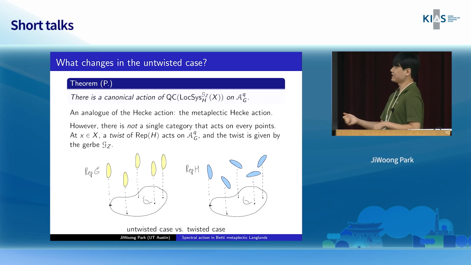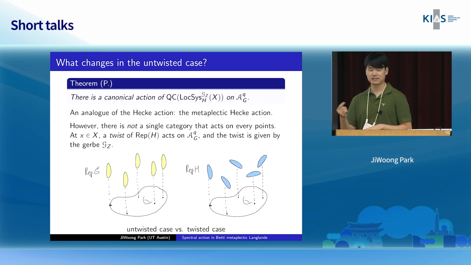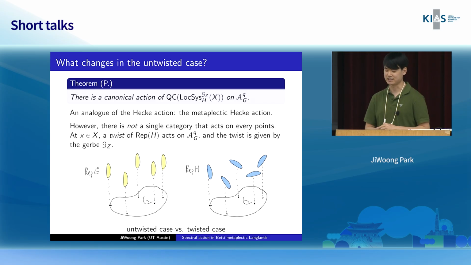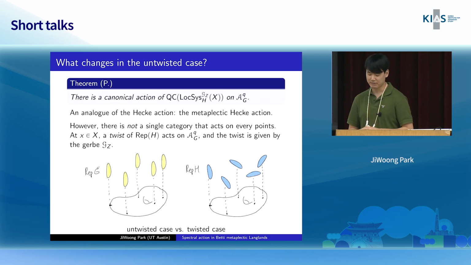So in the untwisted case, you have a constant family of algebras over the curve, valued in Rep G check. However, in the twisted case, you have a non-trivial local system of algebras in Rep H acting on this AQG.